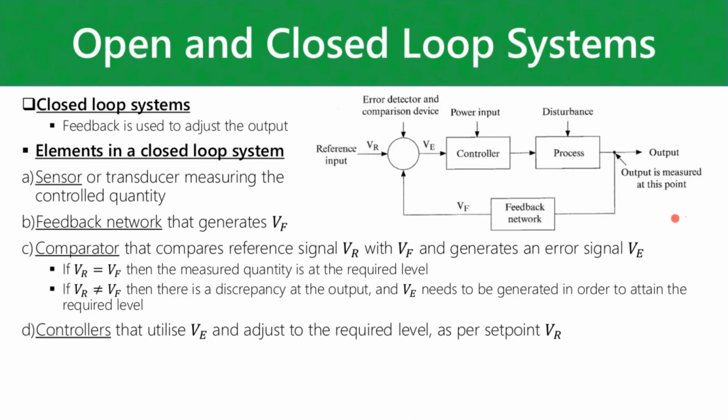Now a closed loop system is basically a system where you make use of feedback. To achieve that feedback, we usually measure the output. For most cases, your output is going to be of a different unit than your input.